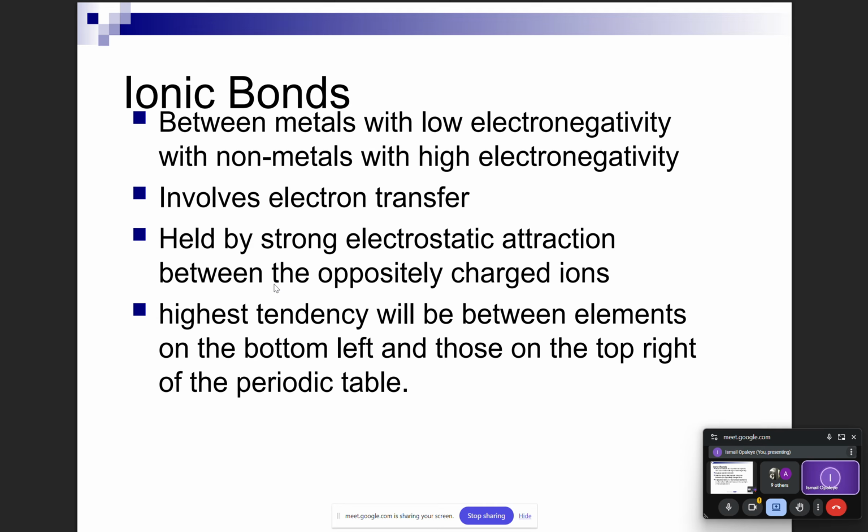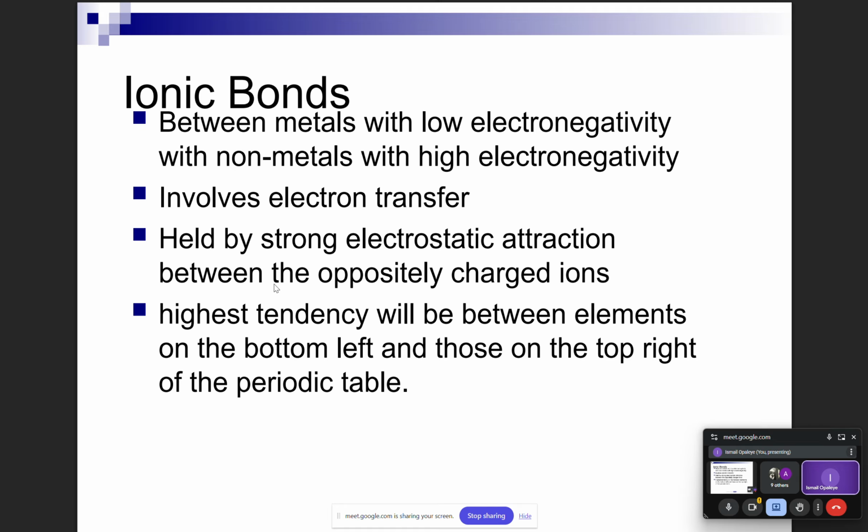A metal forms a positively charged ion, a non-metal a negatively charged ion. So when they combine, for example Na plus with Cl minus, the force of attraction holding those oppositely charged ions together is referred to as ionic bonding.